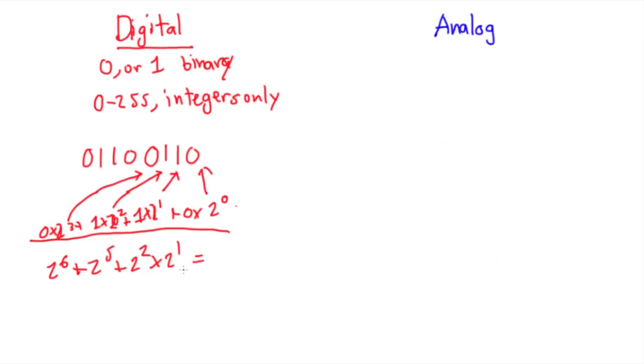And if you add these numbers together, it's 64 plus 32 plus 4 plus 2, which is 96 plus 6, so it's 102. The number is 102. So 0, 1, 1, 0, 0, 1, 1, 0 is 102. So that's exactly how a computer interprets binary.